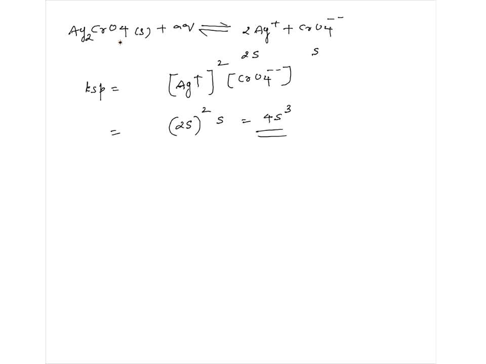This is the limiting case, and this will just lead to the commencement of precipitation, just the beginning. If you get these from some other source, and this product is meeting Ksp value of this, precipitation will just commence, limiting situation.